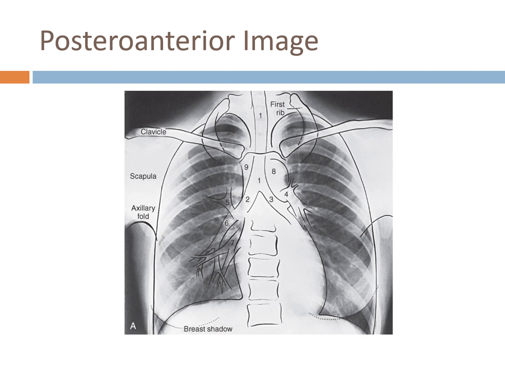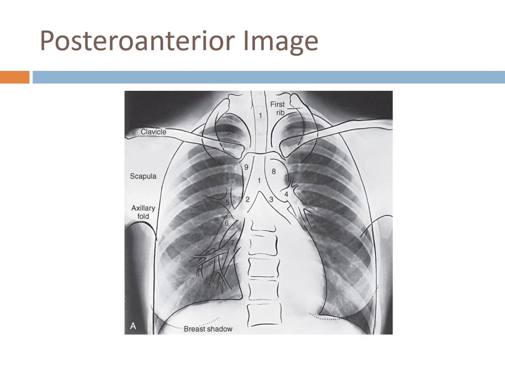Your aortic knob being 8, that's the fatter white part there on the left. Your superior vena cava being 9. And keeping in mind that when we're doing an intubation, we want to make sure that the ET tube is about 3 to 5 centimeters above the carina after you're intubating.